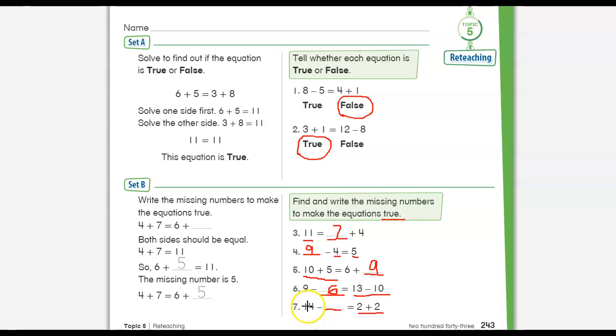So 14 minus what number would give us 4? 14 minus 10 is equal to 4. So 14 minus 10 equals 4. And 2 plus 2 equals 4. So we have 4 equals 4. It matches up. That is a true equation.